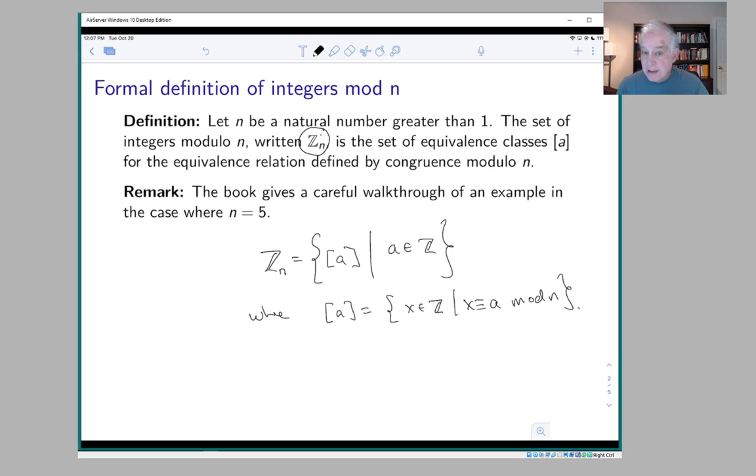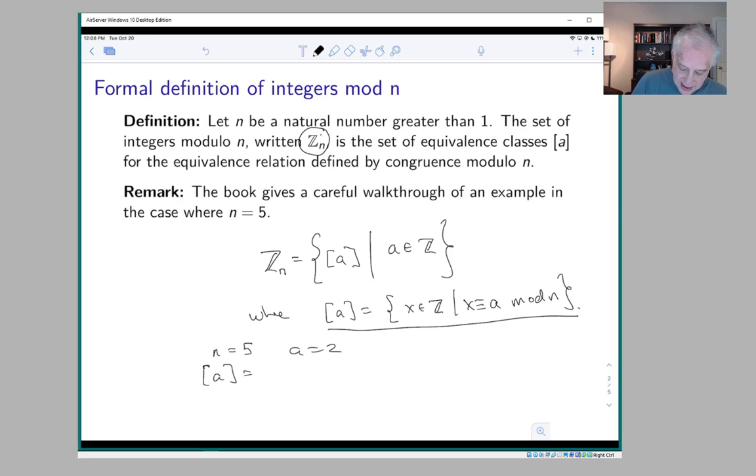Now, for what I'm about to talk about, there's a careful walkthrough in the book of the case n equals 5. So I'm not going to spend too much time on concrete examples, but I just want to remind you that this equivalence class is an arithmetic progression. And we've seen this now several times. So for instance, if n were 5 and a were 2, then the equivalence class of a would be the arithmetic progression starting at 2 and going in steps of 5 in both directions.